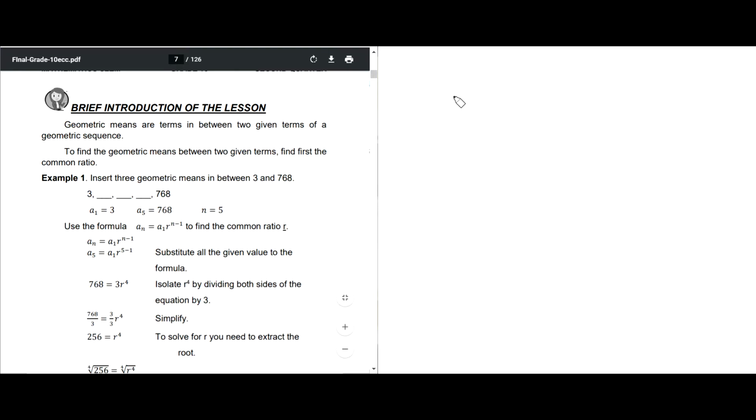Take note, there is a specific number of geometric means that we want to get. So we want to get 3 geometric means. So we want to count 1, 2, 3. So we have 3 numbers here in between 3 and 768.